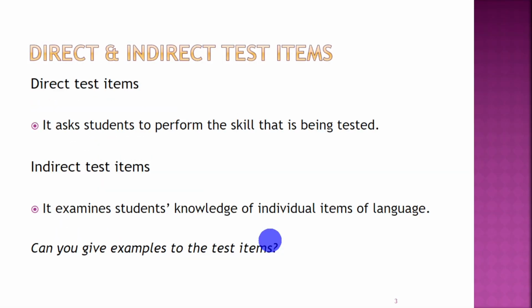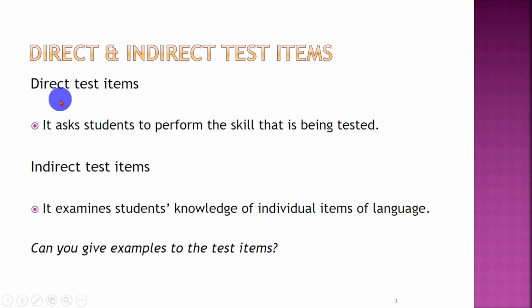So, as you know, there are indirect types of tests in which there are closed tests or dictation, and the other is the direct test, which is constructed response. So we will learn about both types of tests: direct and indirect.